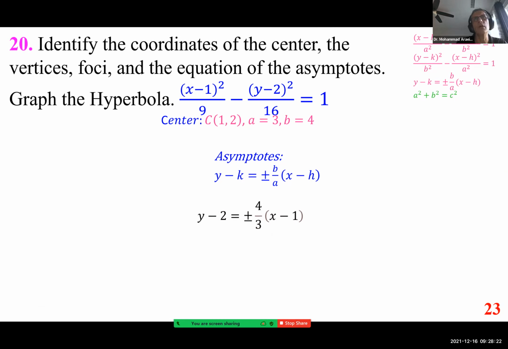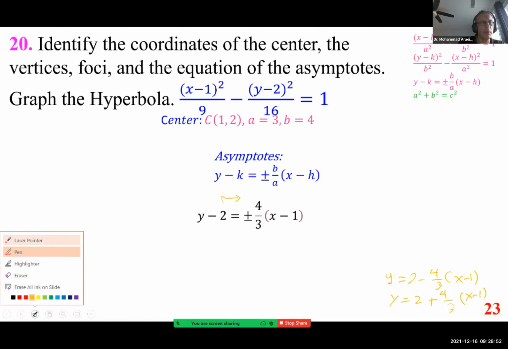One of them is y equals, if we take the 2 to the other side, 2 minus 4/3 times x minus 1, and you can simplify it. The other one is 2 plus 4/3 times x minus 1.